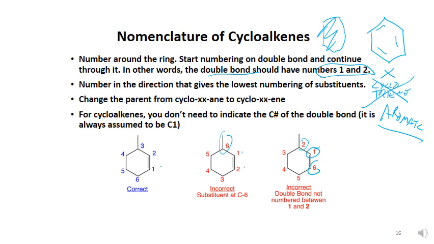It's much easier to go 1, 2, 3. So that's why this stuff is called, well, what do you think? What do you think it's called? 3-methylcyclohexene. And you don't need to say the 1 because we know it has to be carbon 1.